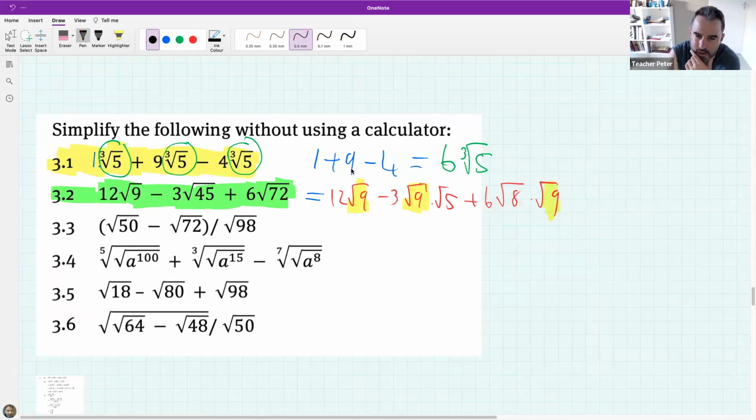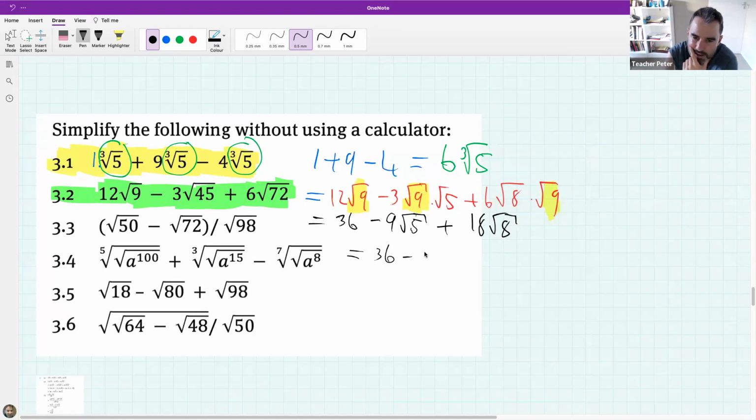Let's see. So what would this be? Well, that would just be 36, and then this would be minus 9 root 5 because you get that. Now what would happen here? You'd get plus 18 root 8.